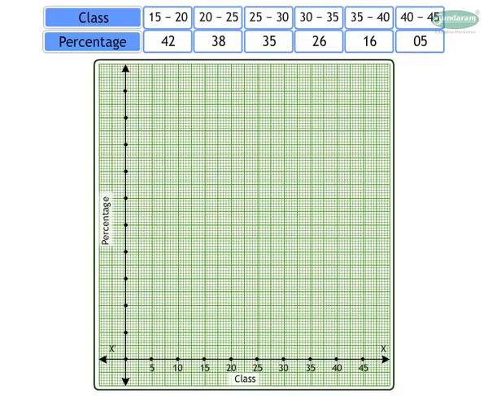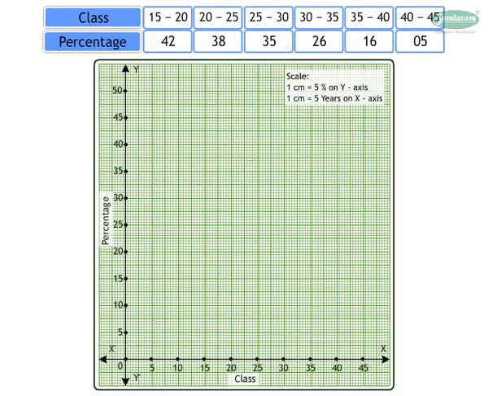We represent percent along the y-axis. So here we represent 0, 5, 10, 15, 20 and so on till 50 on y-axis. Write scale as 1 centimeter equal to 5% along y-axis. 1 centimeter equal to 5 years along x-axis.